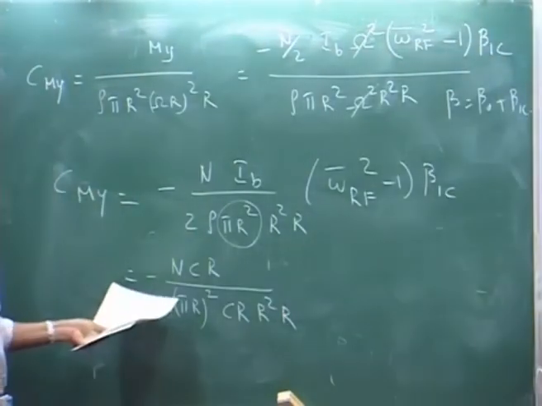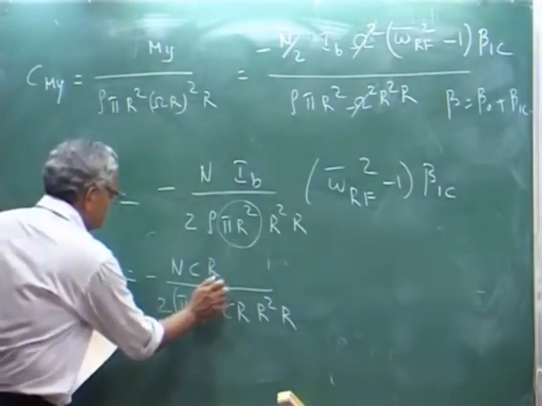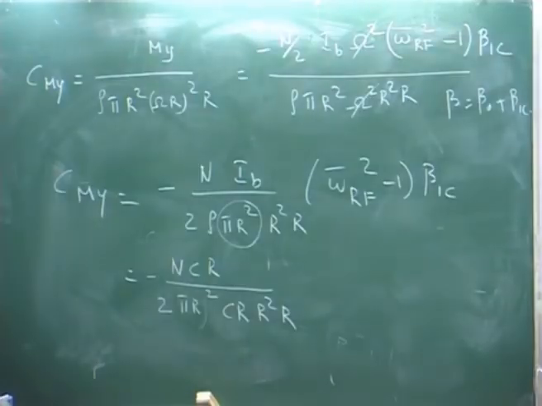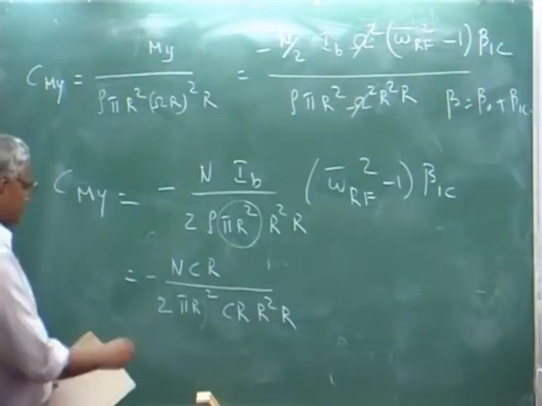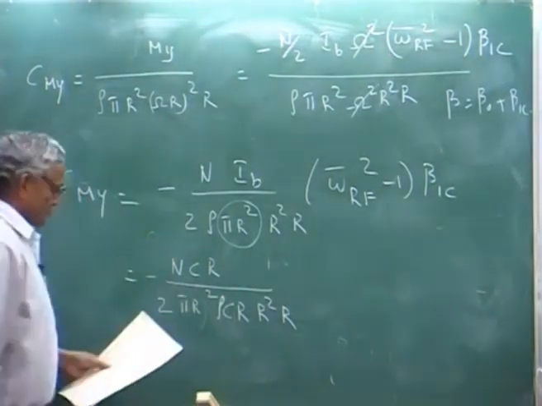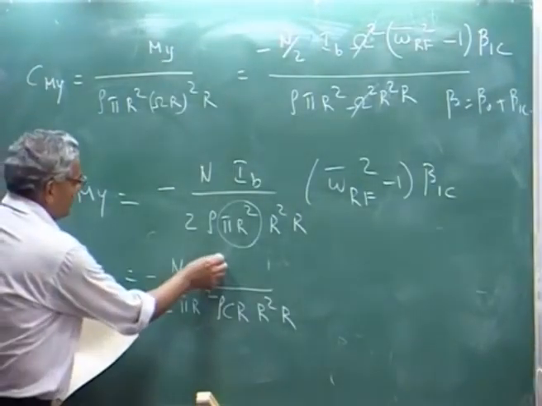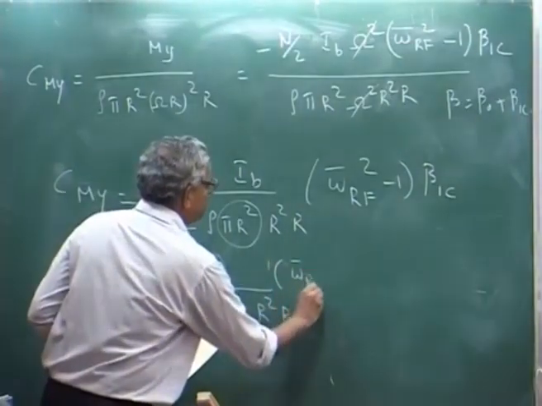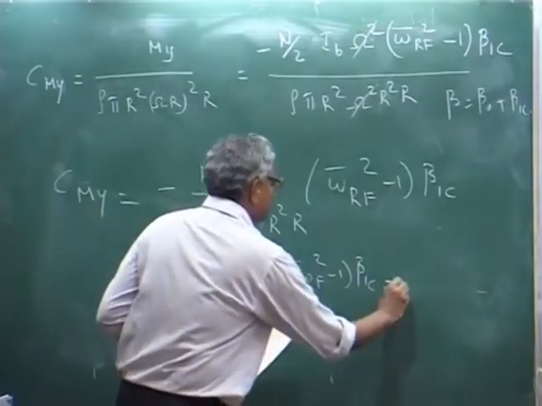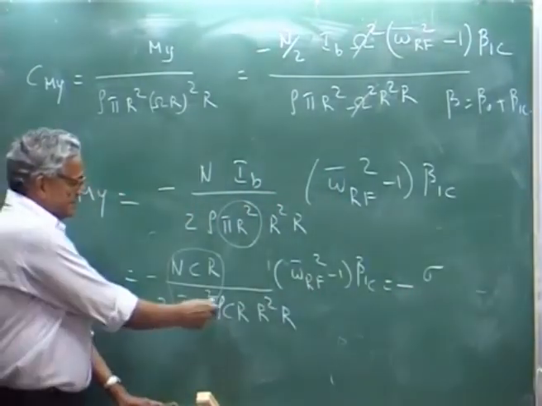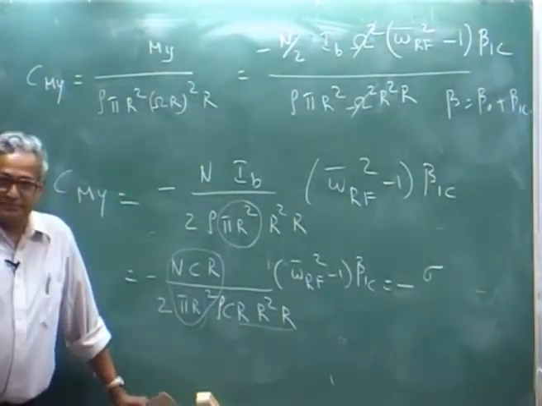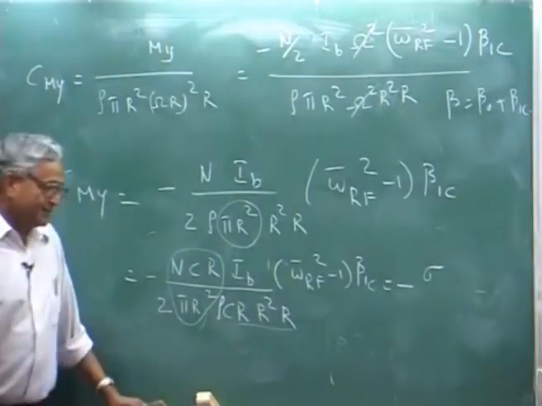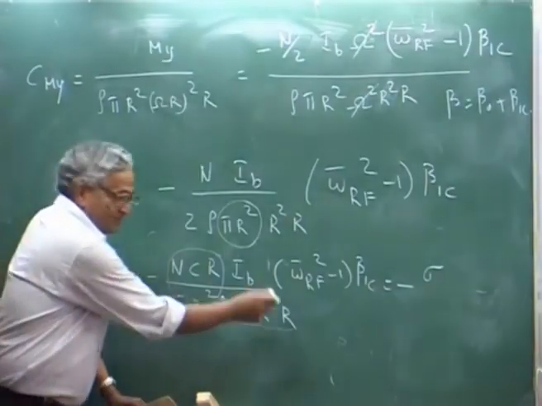Right. Now I will put the rho. Anyway you will have this term, you will have minus sigma rho c R to the power 4.